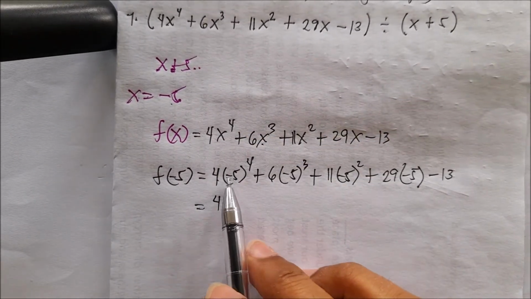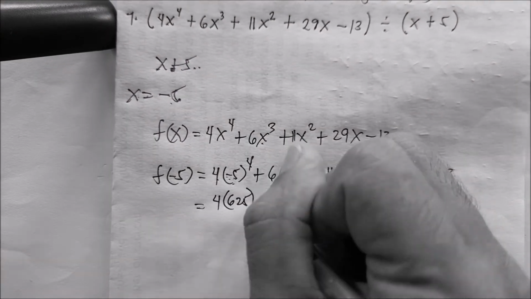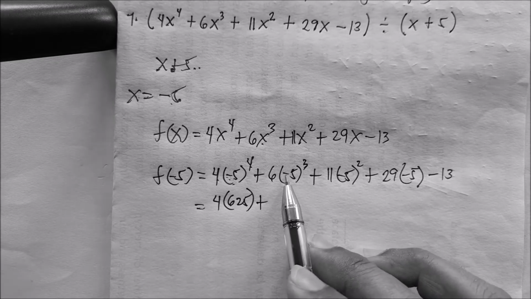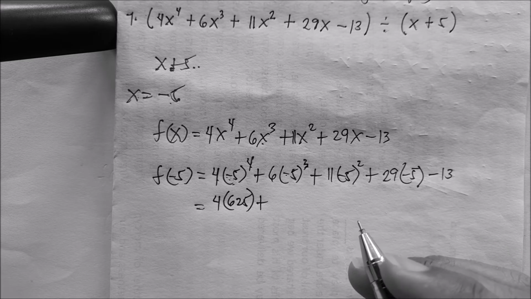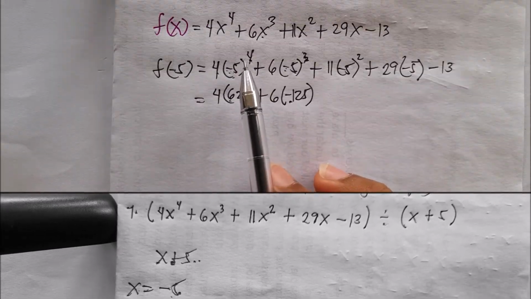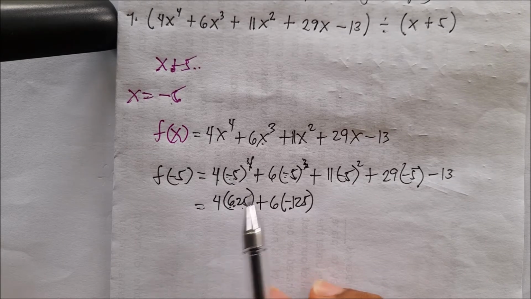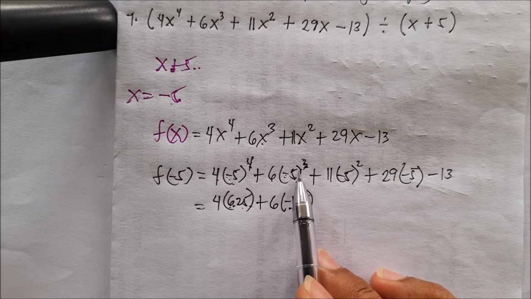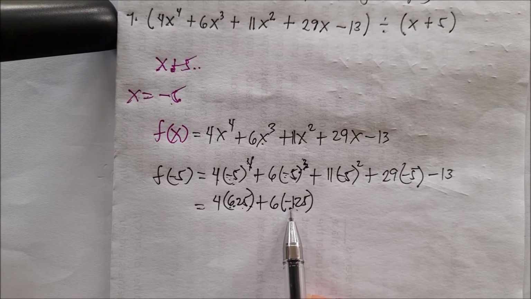4 times negative 5 raised to 4, which is 625. Plus 6 times negative 5 raised to 3, which equals negative 125. If the exponent is even, the result is always positive. If the exponent is odd, the result is always negative.